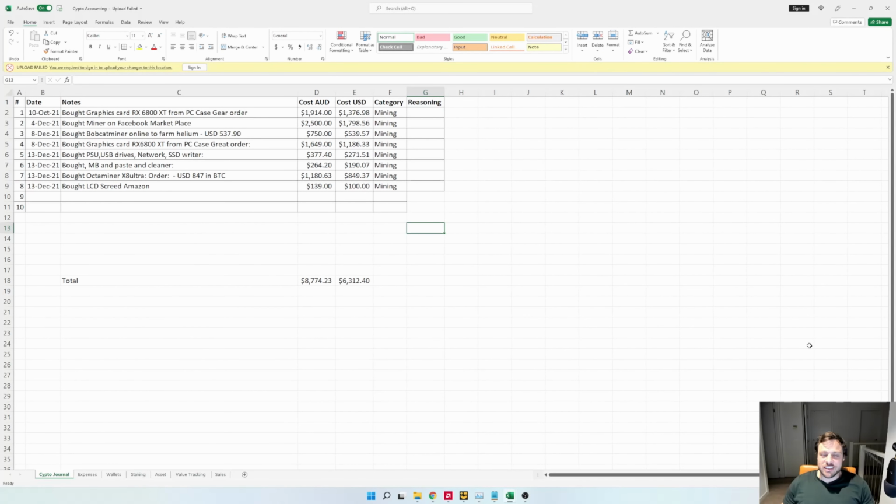The first sheet in my crypto accounting Excel, probably an important one for me personally, is the journal. I'd like to record all of the actions that I performed, either hardware purchases or trades. That's one of the lessons that I've learned out of the last bull market.